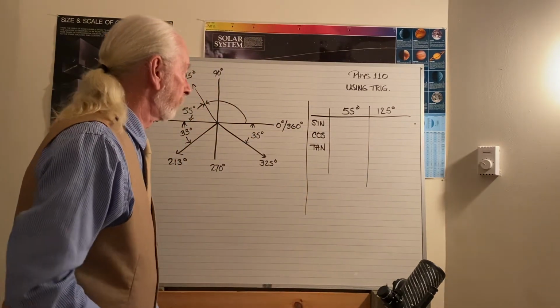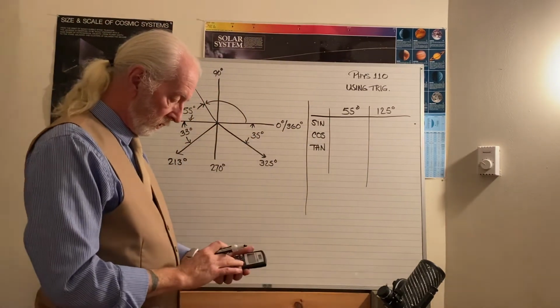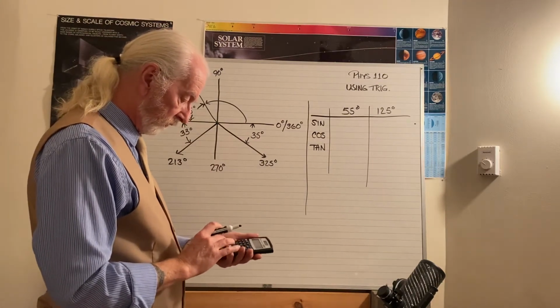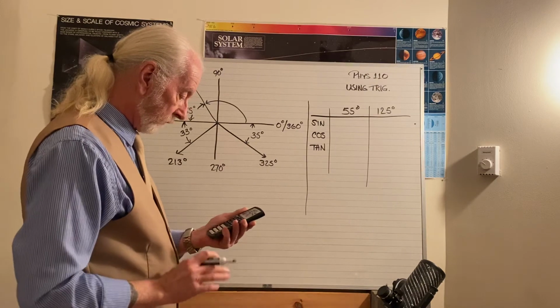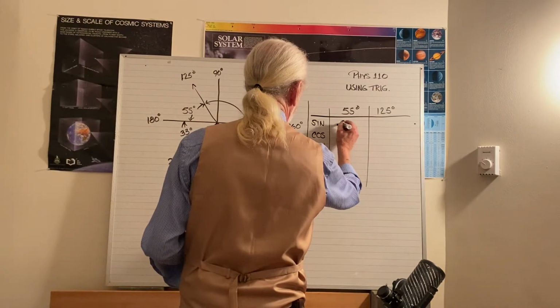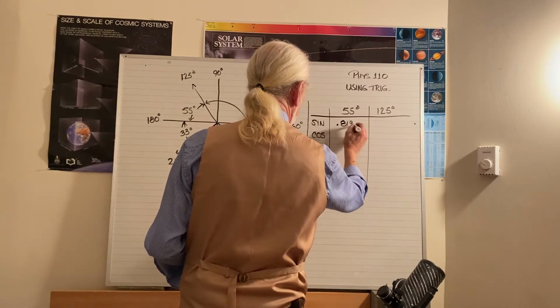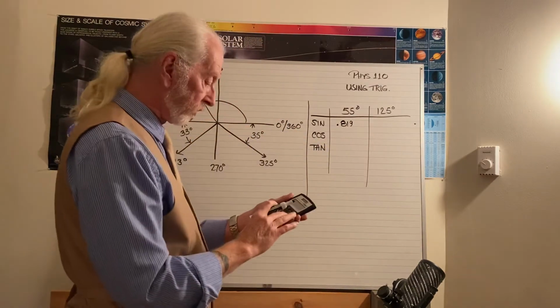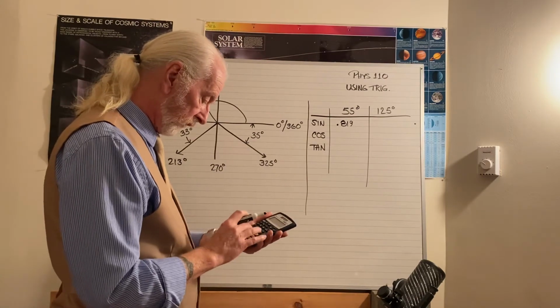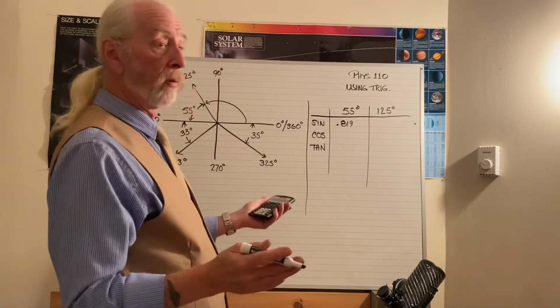And this will illustrate the point. So just walk this through with me. We're going to do the sine of 55 degrees, which comes out to 0.819. Okay, now we'll do the sine of 125 degrees.